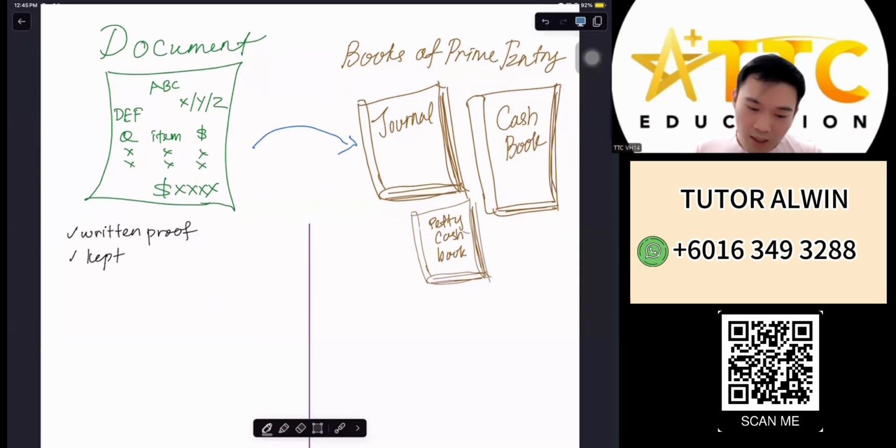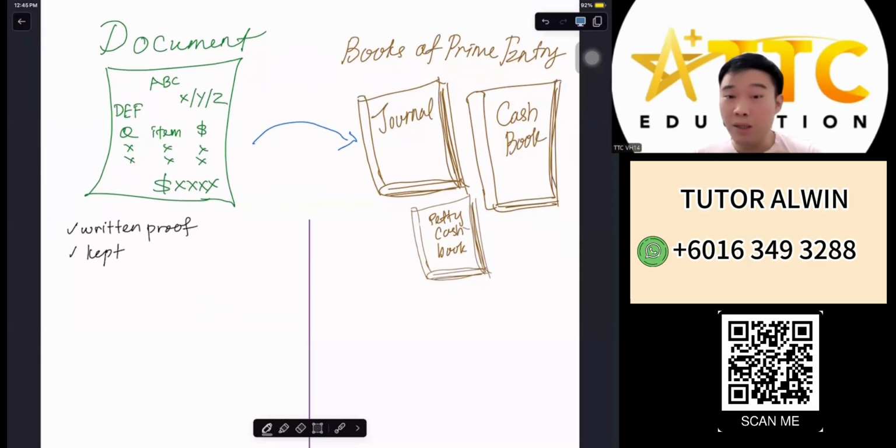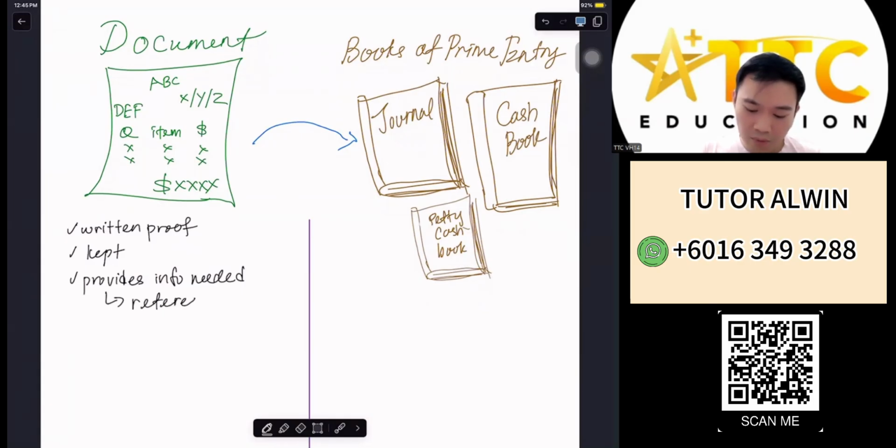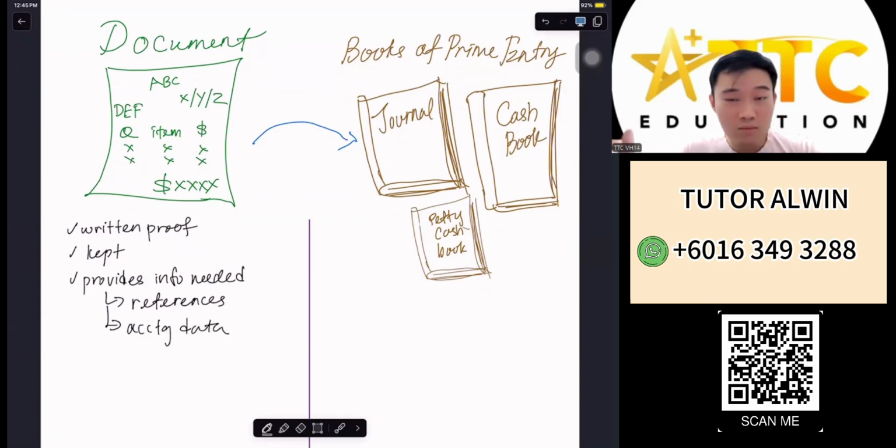So these business documents provide you with the information needed as references, as well as for accounting data entry. Entry to where? Into your books of prime entry or into our computerized systems.